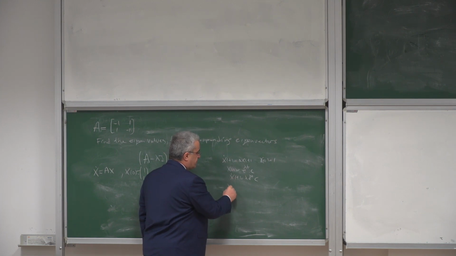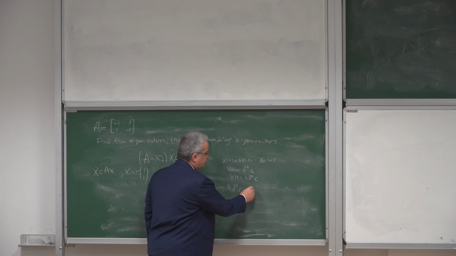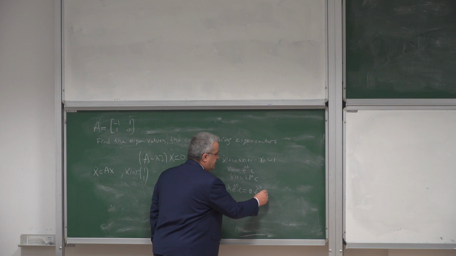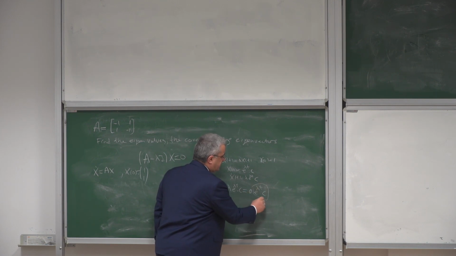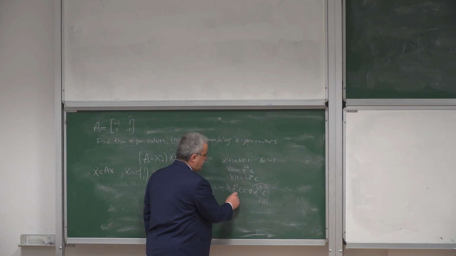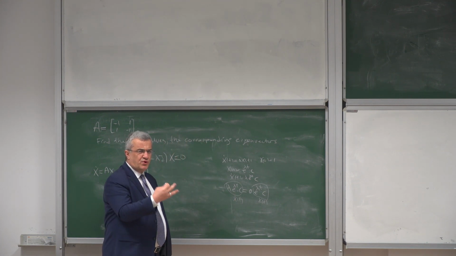Substitute that here, you have lambda e to the lambda t c is equal to A e to the lambda t c. So this is x(t), and this is x dot t. What we are doing is guessing a form of the solution.